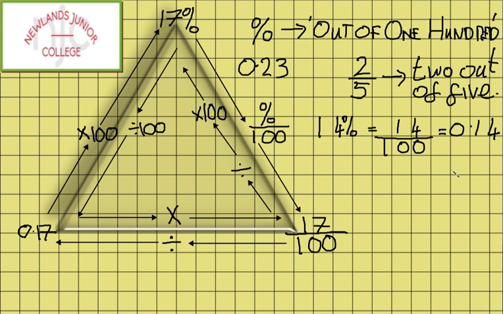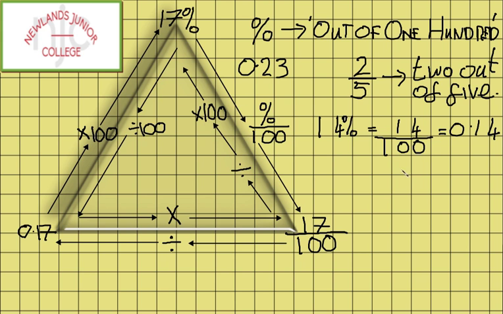Okay, before we go on to the next example, you may have noticed that this fraction here can be simplified. Simplifying simply means keeping the value of the fraction the same, but making the numbers on the top and the bottom smaller.